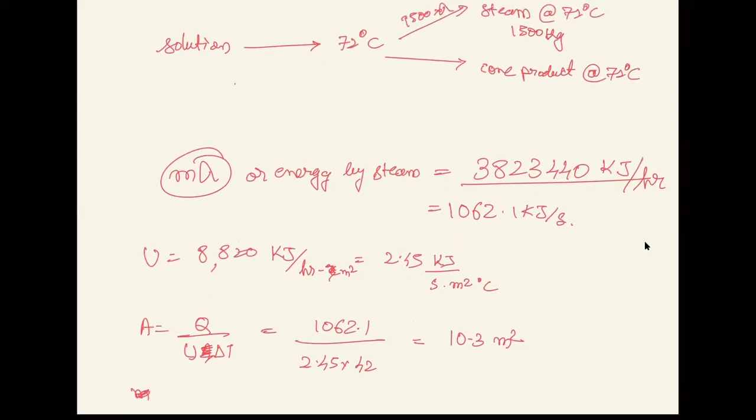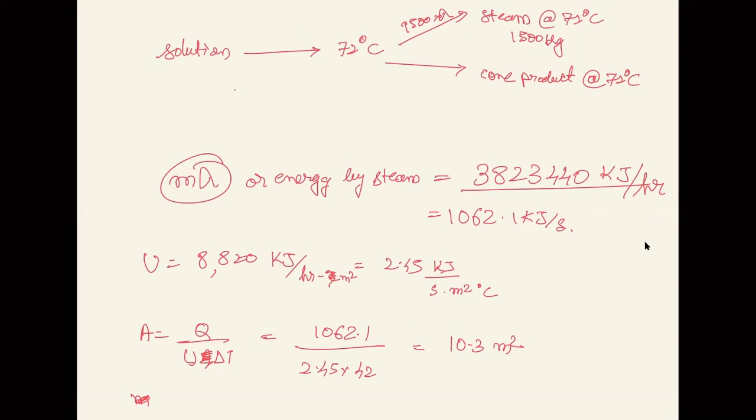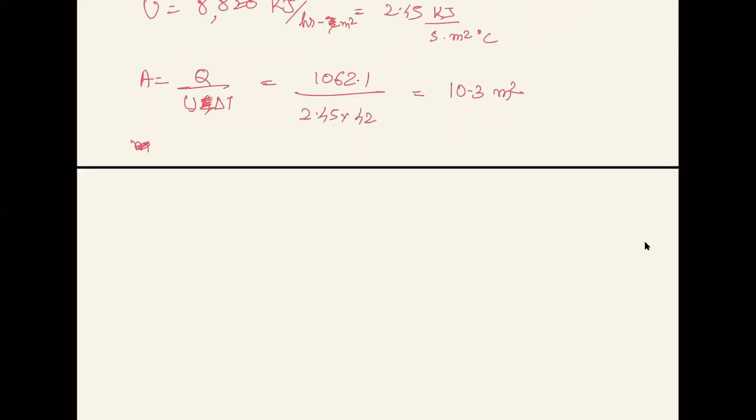All right, so let me just quickly say what all calculations we are doing. So we calculated the energy that is provided by the steam, or basically the heat exchange duty Q in kilojoule per second. We know the value of U, but it was in a slightly different unit. It was in kilocalories per hour, so I converted it into kilojoules per second, and I used Q is equal to UA delta T to find out the value of total area, which came out to be 10.3 meters square.